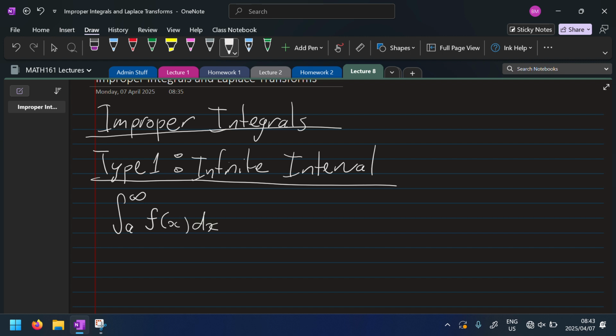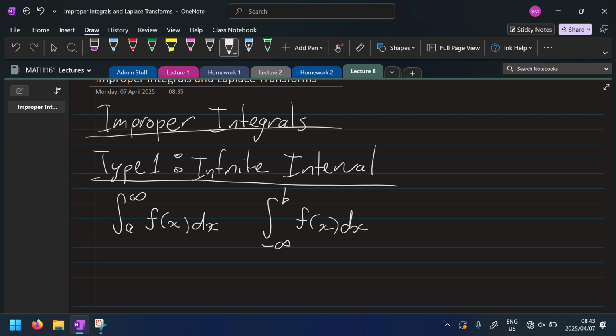So a is some finite value, like starting from 1, but then we go all the way to infinity, whatever that means. We'll have a look at that. We can also have the integral from minus infinity to b of f(x) dx. Here, instead of going to infinity in the positive direction, we start at minus infinity, whatever that means, we'll get to that, and then we go up to b, where b is finite, like 2 or something.